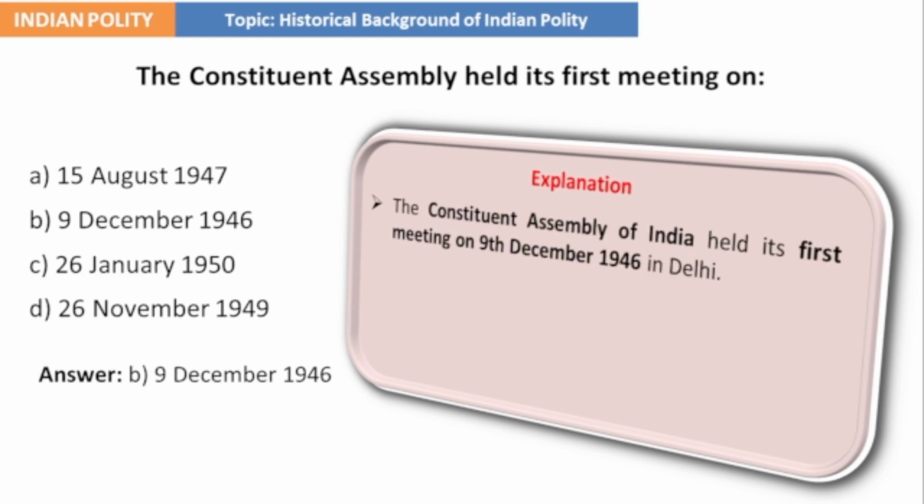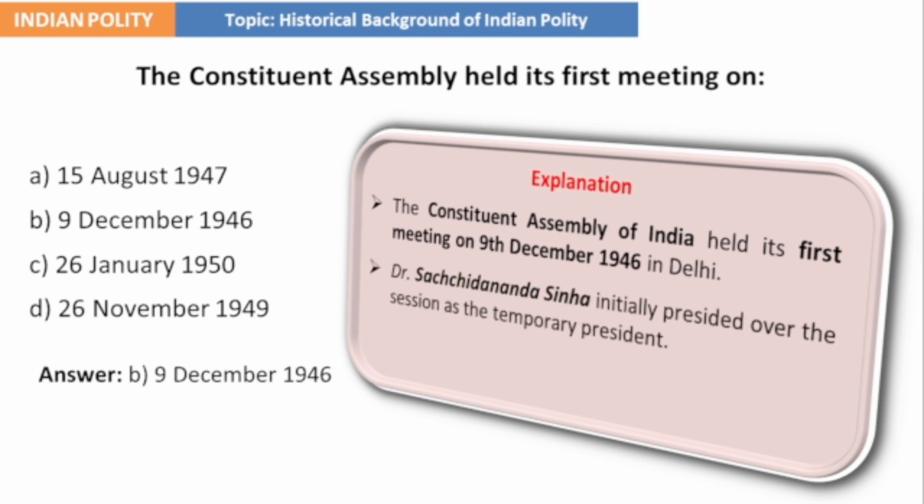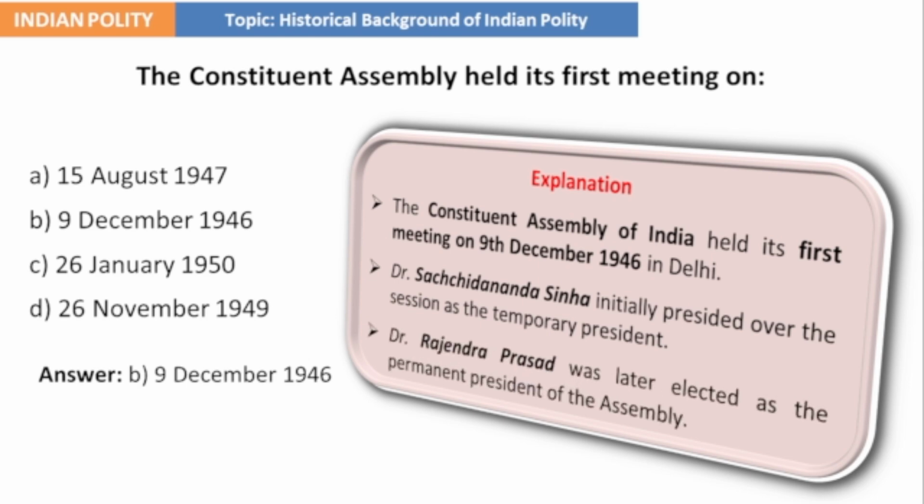The Constituent Assembly of India held its first meeting on 9th December 1946 in Delhi. Dr. Sachchidananda Sinha initially presided over the session as the temporary president. Dr. Rajendra Prasad was later elected as the permanent president of the Assembly.